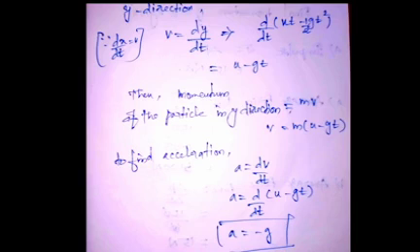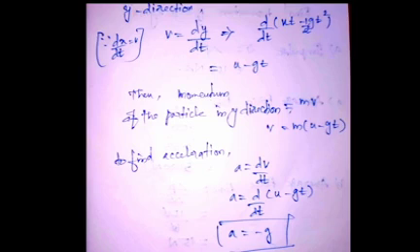Now we are going to calculate the momentum. Since the momentum formula is mass into velocity, we substitute the v value and we get the momentum of the particle, m(u minus gt). This is the momentum of the particle in the y direction.